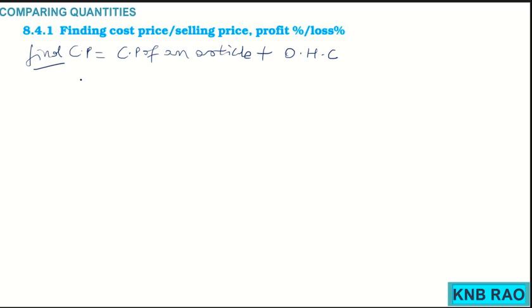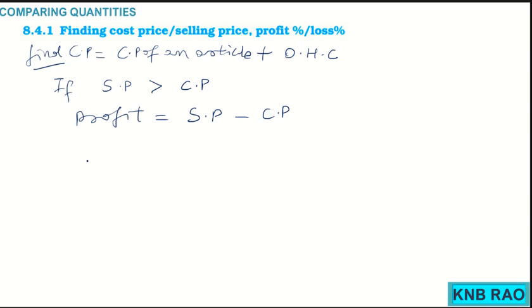Then, if selling price is more than cost price, we will have profit, and that profit is the difference between selling price and cost price.